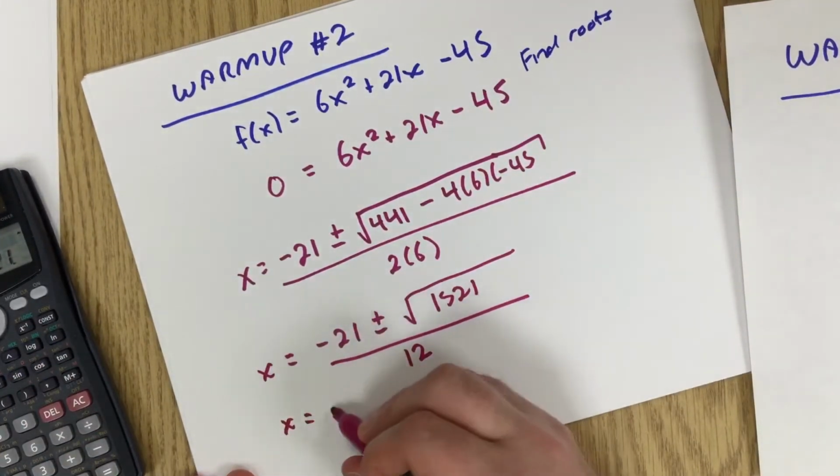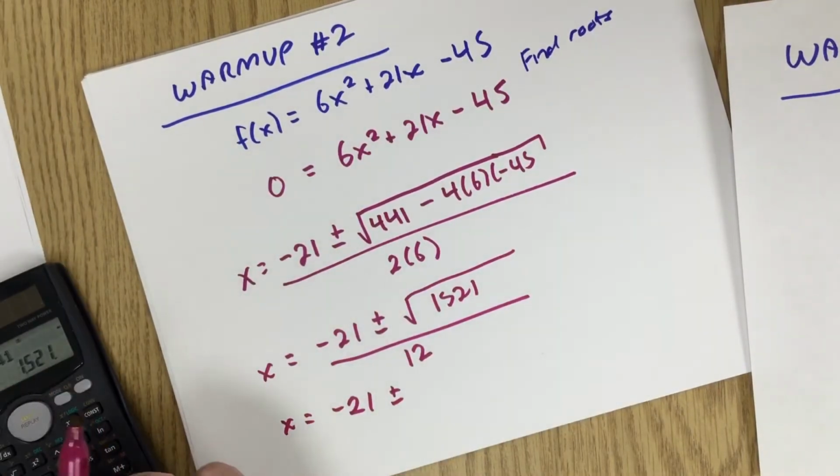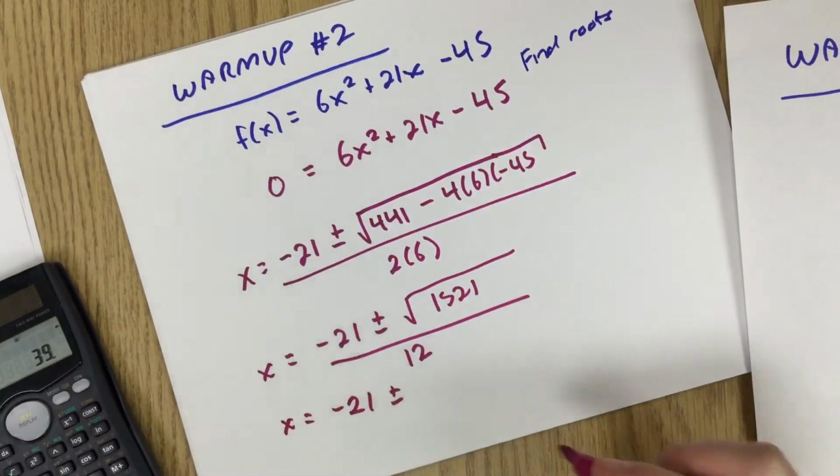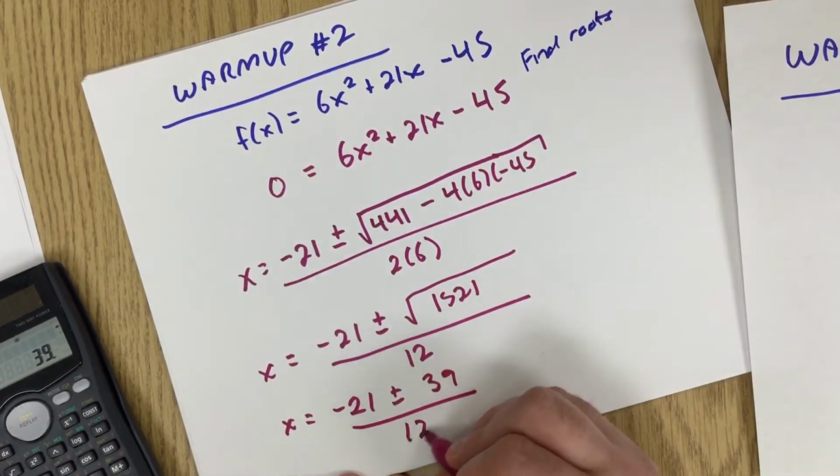So x is negative 21 plus or minus 39 over 12.